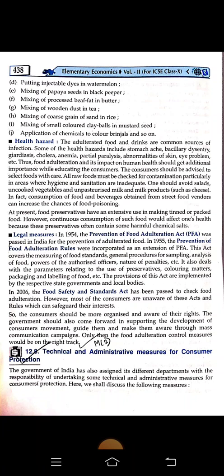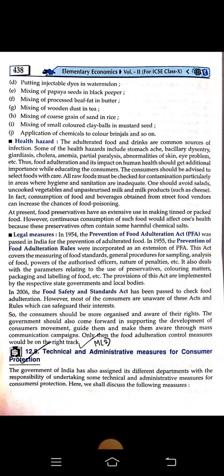So, legal means. In 1954, the Prevention of Food Adulteration Act (PFA) was passed in India for the prevention of adulterated food. In 1955, the Prevention of Food Adulteration Rules were incorporated as an extension of PFA.